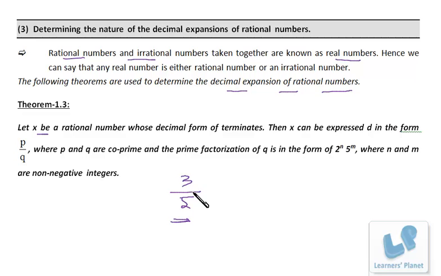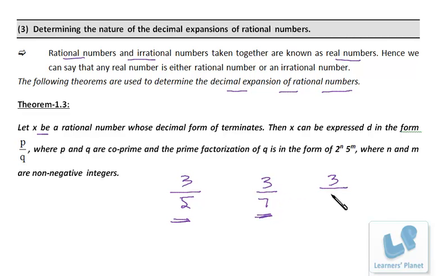That means after the decimal it will terminate, maybe after 1 or 2 digits, but it will be terminating. But suppose we have 3 by 7. We want 2 or 5 in the denominator, so if we see 7, it will definitely be non-terminating.